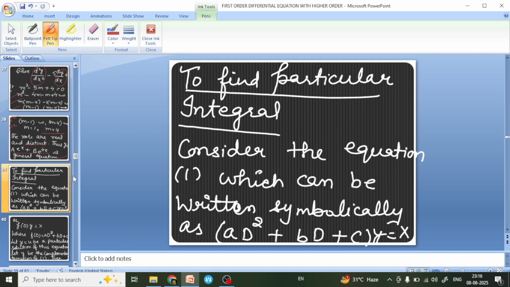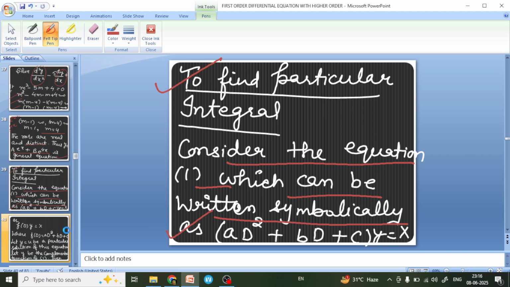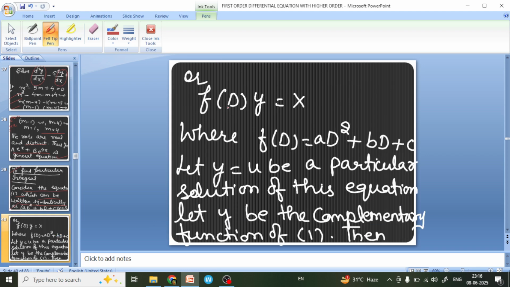Now to find the particular integral, consider equation 1, which can be written symbolically as (a D square plus b D plus c) y is equal to X. We can write it in this form first, that is f(D) y is equal to X, where f(D) is a D square plus b D plus c, and let y is equal to u, a particular solution of this equation.